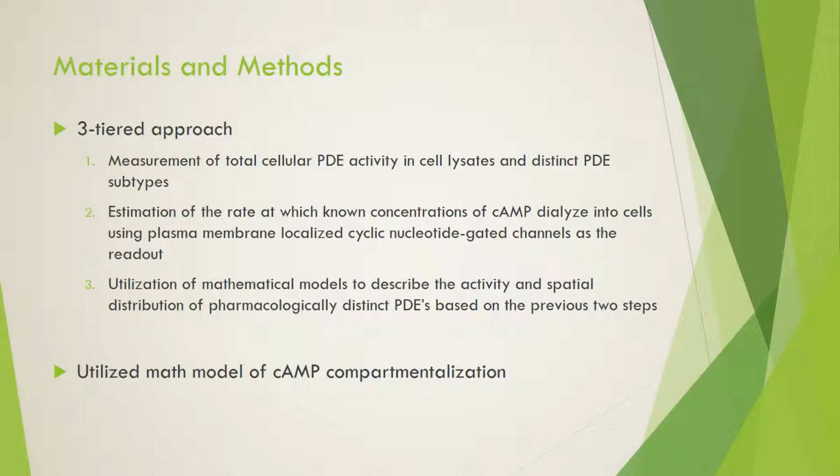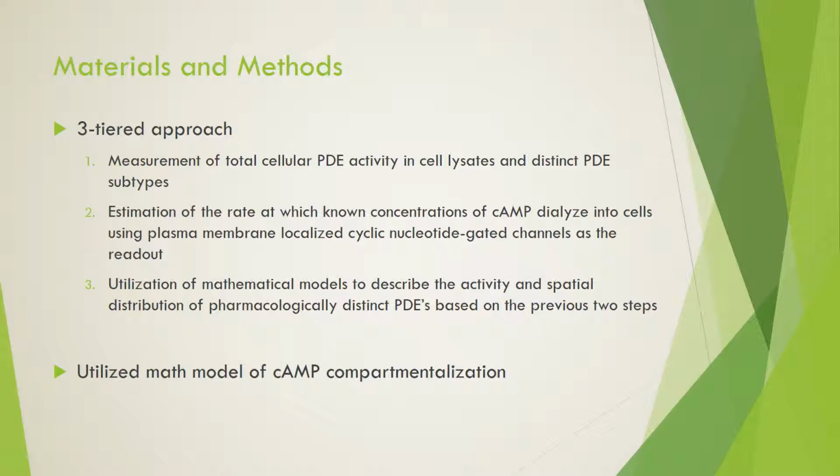They used this three-tiered approach. First they measured the total cellular PDE activity in cell lysates and found the distinct PDE subtypes, as we already discussed, which were the rolipram sensitive and the 8-MM-IBMX sensitive subtypes.